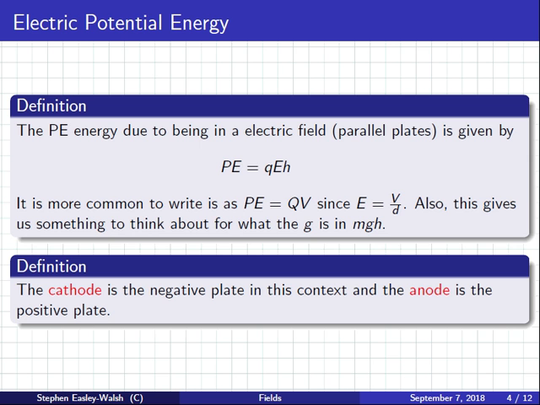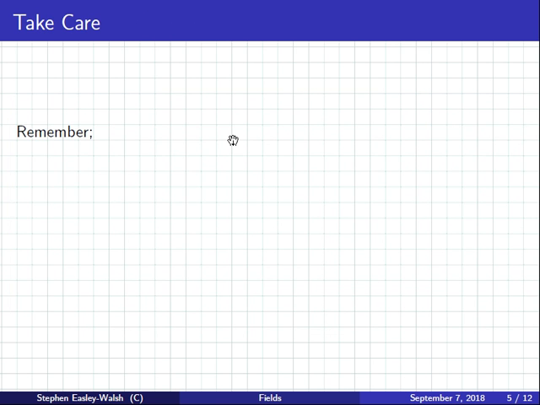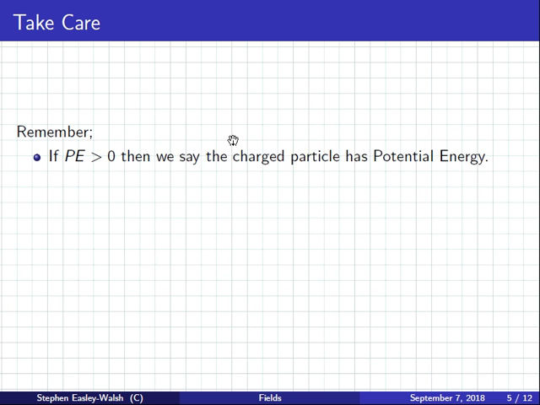Okay, continue. Now remember, let's see if you remember. If potential energy is positive, we say the charged particle has potential energy. If it's zero, what do we say? Yeah, but we give it a special name.